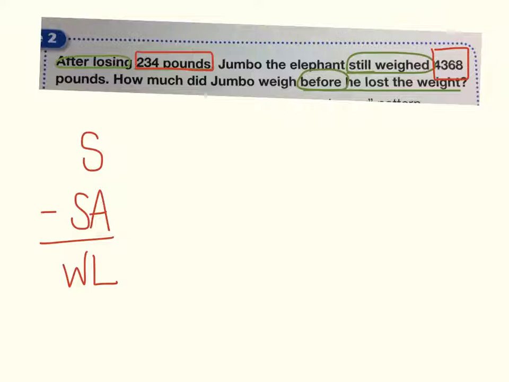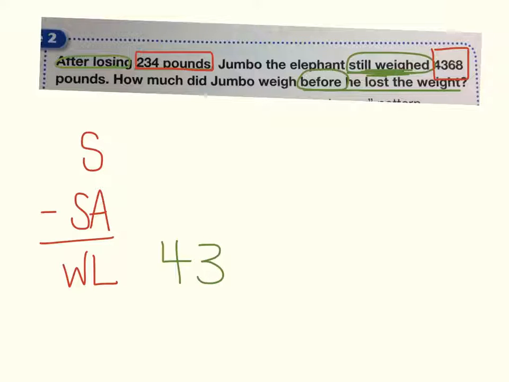Now I'm going to look at my numbers: the sum that he started with, the sum that went away, and what is left. Do we know what the sum was that he started with? Did he start at 4,368 pounds? No, because it says he still weighs 4,368 pounds. That's not what went away, and it's not what he started with. So that must be what is left.